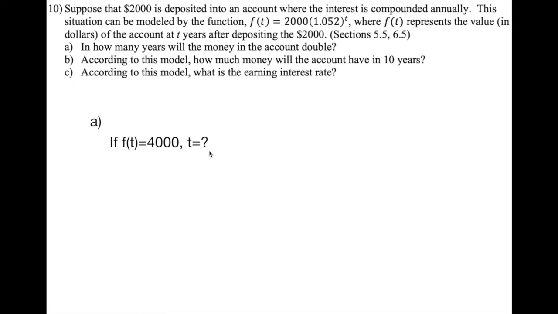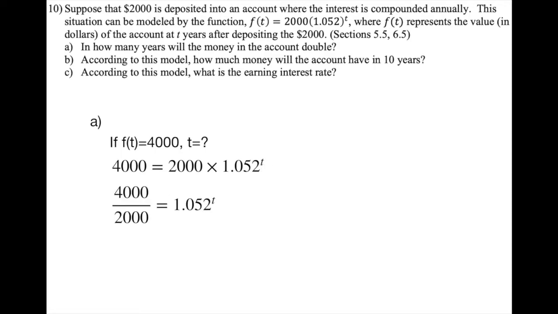So you plug in 4,000 into your function. So 4,000 equals 2,000 times 1.052 to the power of t. And you want to solve for t. Divide by 2,000 on both sides, and then take log base 1.052.